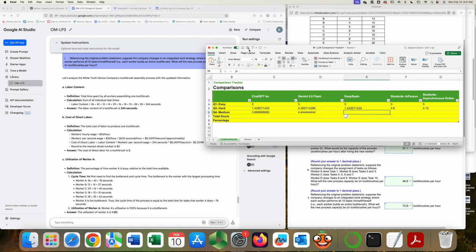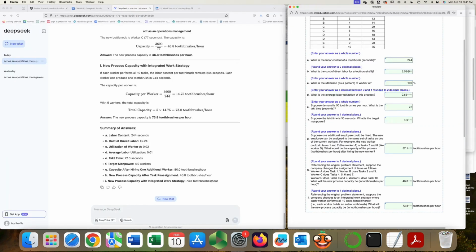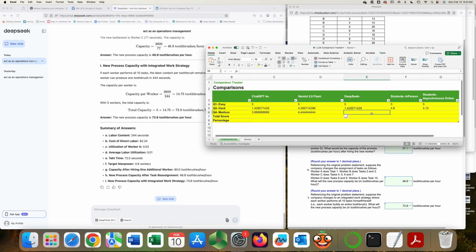And then let's look at DeepSeek. At DeepSeek, again, this one's incorrect. Utilization is incorrect. Average labor utilization is incorrect. This is correct. So 1, 2, 3 incorrect, right? And G is incorrect, 4. So 5 correct answers. Let's give 5 over 9 times 5.